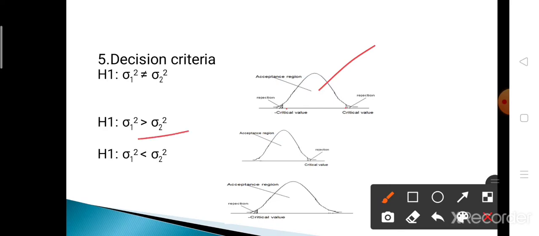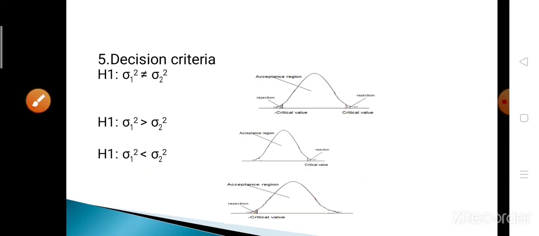For one-sided right, only one rejection region is there, to the right side, and this point is the positive critical value, and the left side part is the acceptance region. And for one-sided left test, only one rejection region is there, to the left side, and this point is the negative table value, that is minus critical value, and the right side part is the acceptance region.